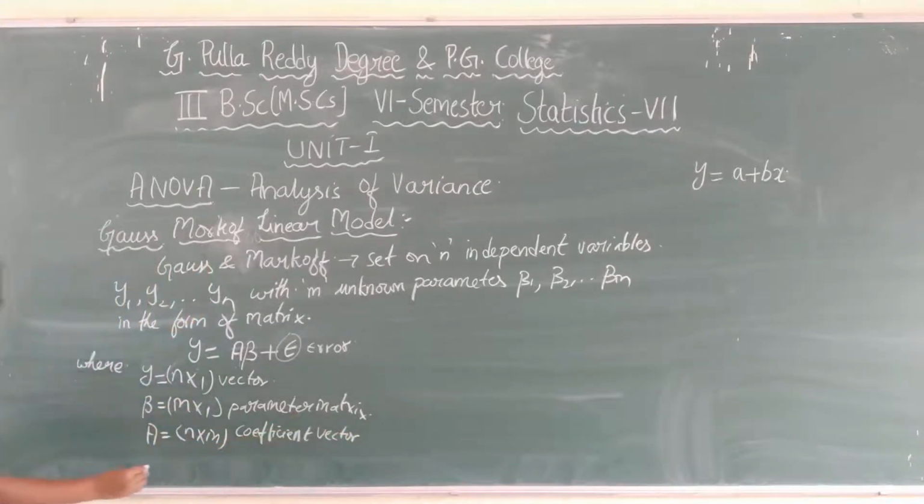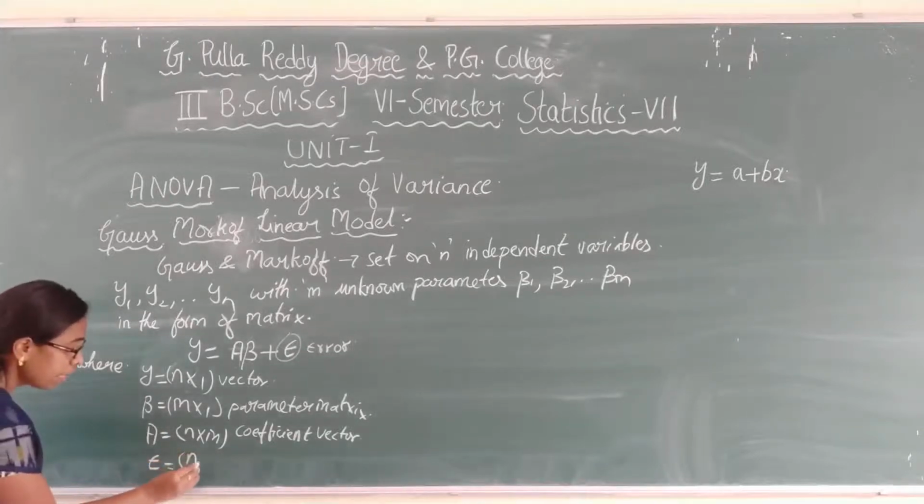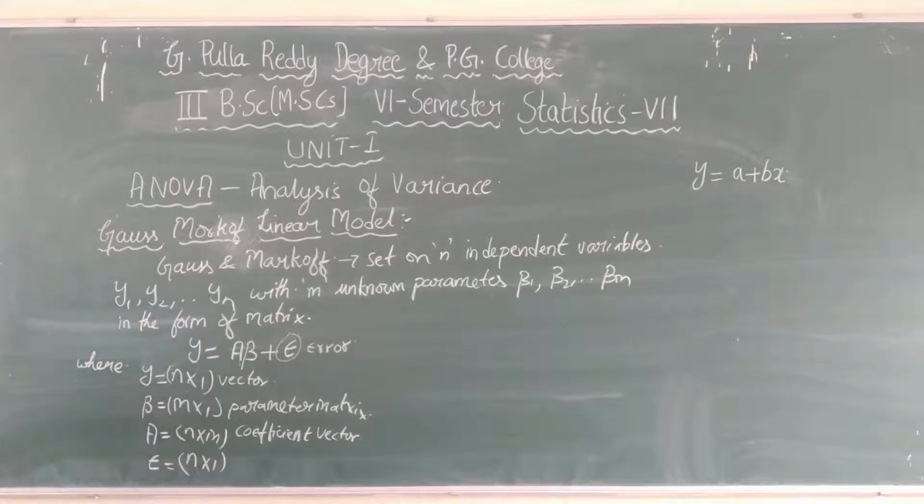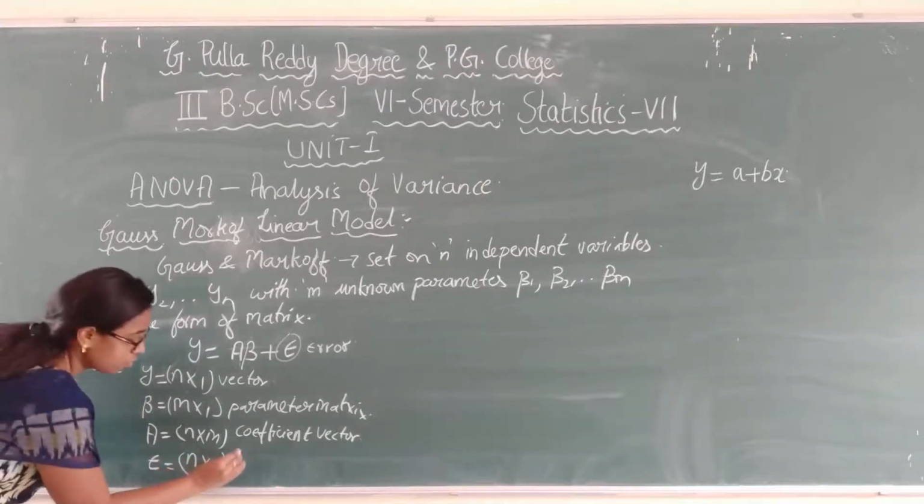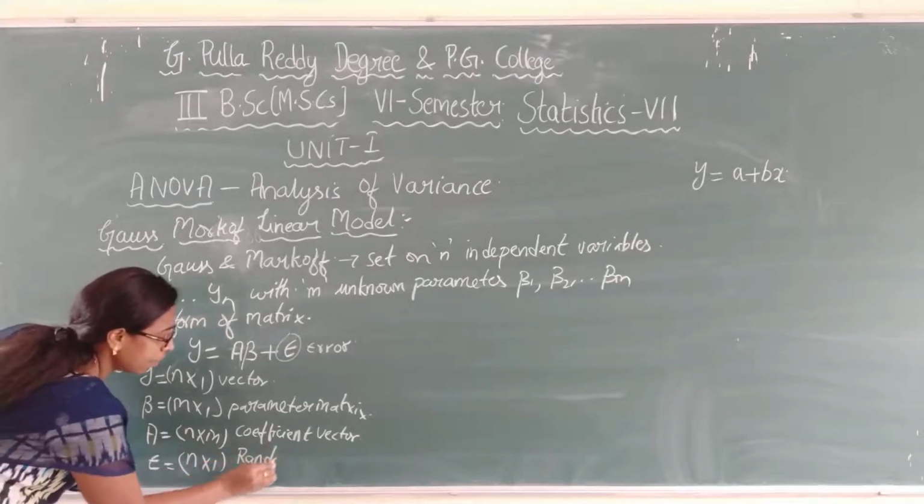And coming to epsilon, here we have a total of n variables, so here also it is an n by 1 matrix. So epsilon is the n by 1 error vector, or the random vector of errors.